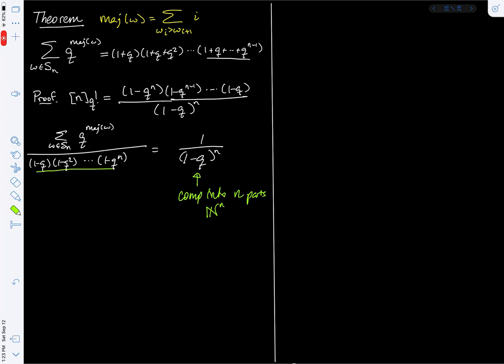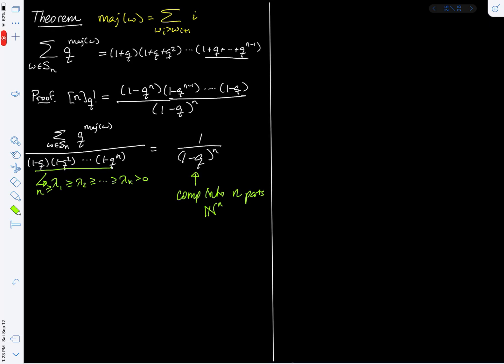Okay, and then the denominator here, this part, is partitions lambda such that lambda 1 greater than or equal to lambda 2 greater than or equal to, and so on, greater than or equal to lambda k greater than 0. So these are partitions where the first part is at most n. And again, the reason is this is the partition generating function. This is how many 1s do you take, how many 2s, all the way up to how many n's do you take. Okay, and now we know the numerator here is permutations.